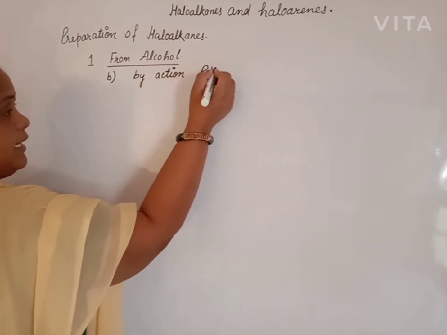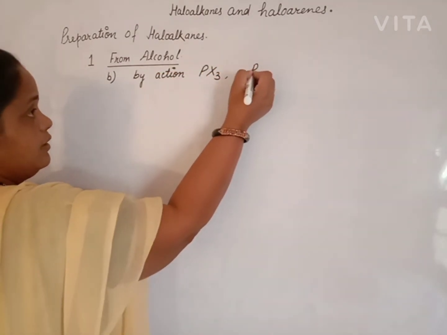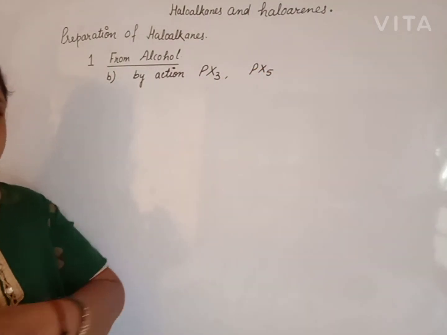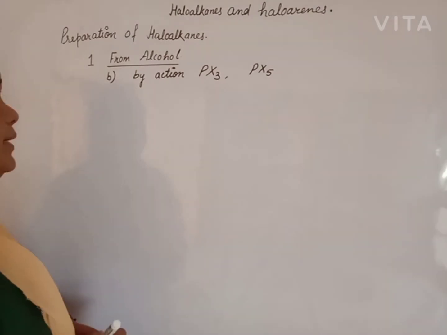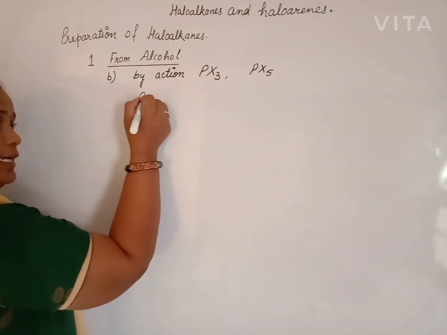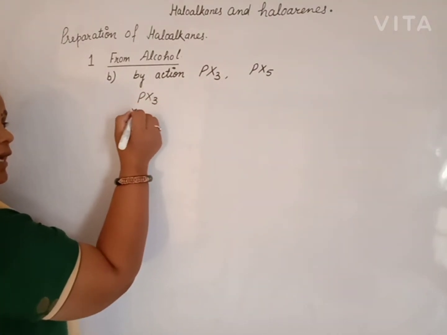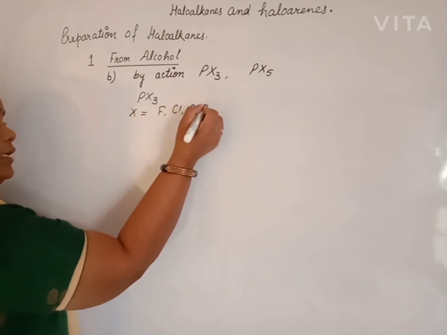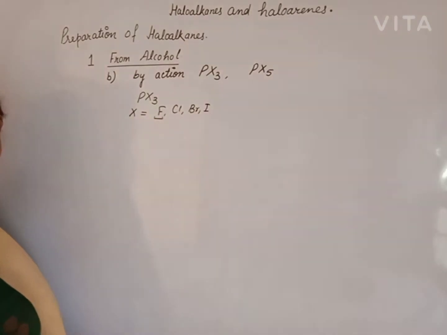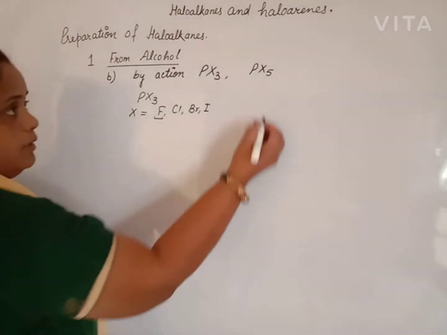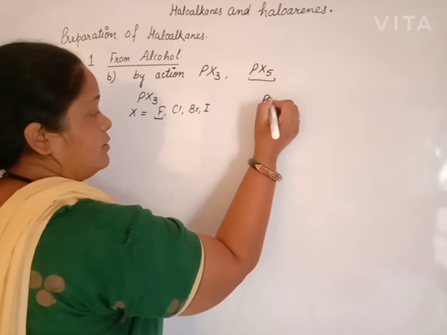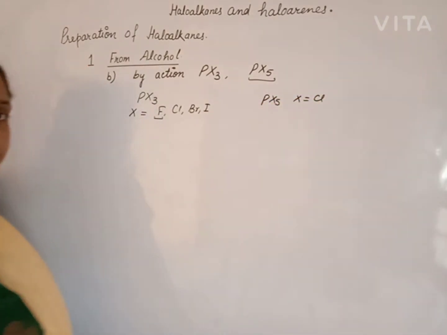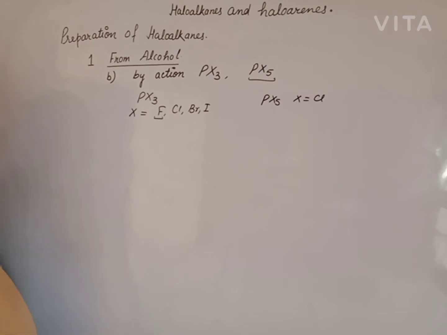This phosphorus halide may be a trihalide or a pentahalide. In the case of a trihalide, X may be fluorine, chlorine, bromine or iodine, but we use fluorine in less amount. In the case of PX5, X will be Cl only.